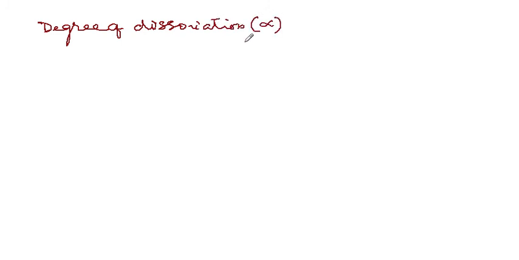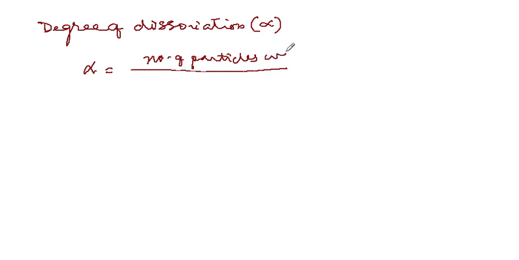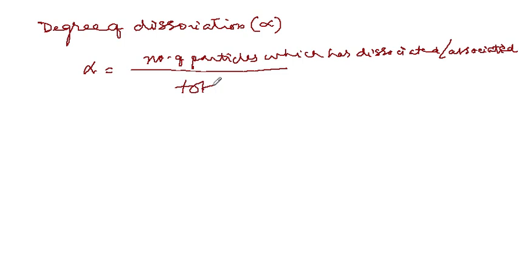We should always remember that regarding the degree of dissociation, that is alpha, is, like I have told you earlier, the number of the particles which have dissociated, or associated, we can say, out of the total particles or the molecules that you have taken.